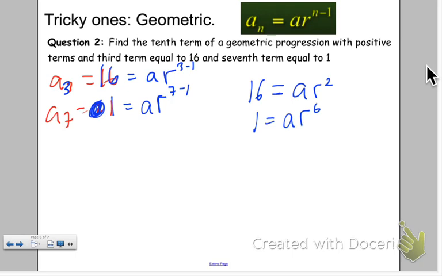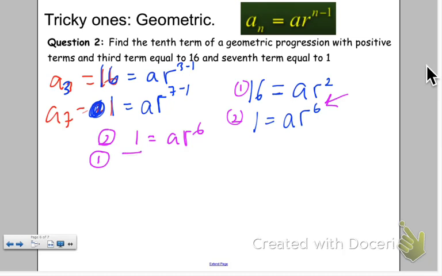What I'm going to do is, if this is our first equation and this is our second, I'm going to divide the second equation by the first. That's because this has the bigger exponent, so it just makes life a little easier. So 1 is equal to a r to the 6th.